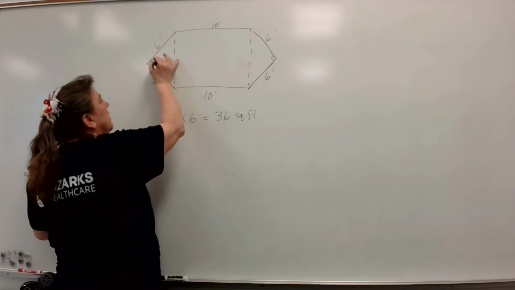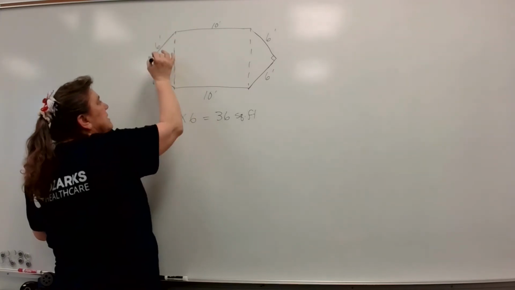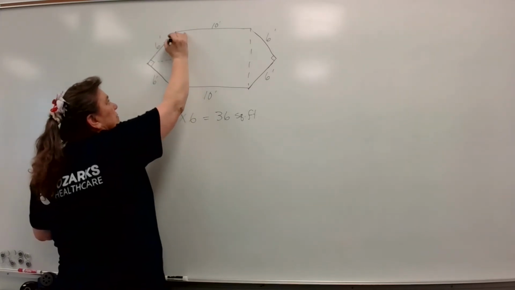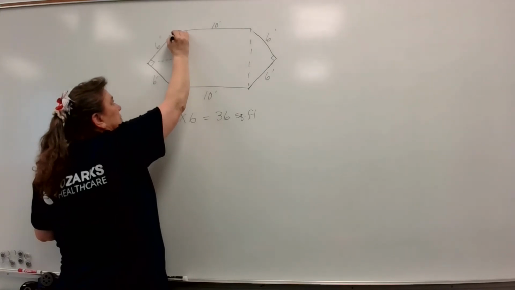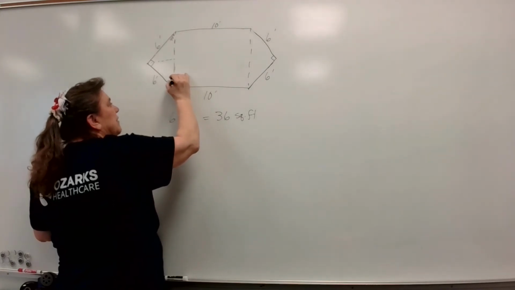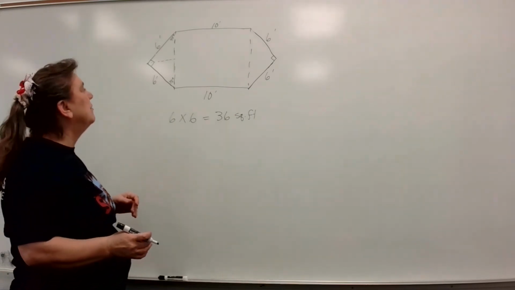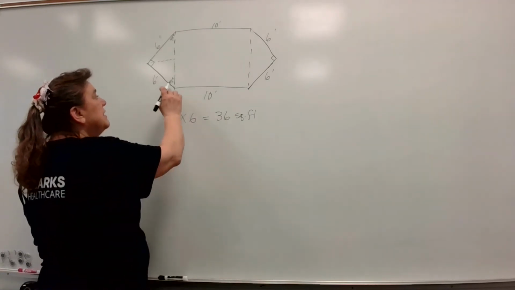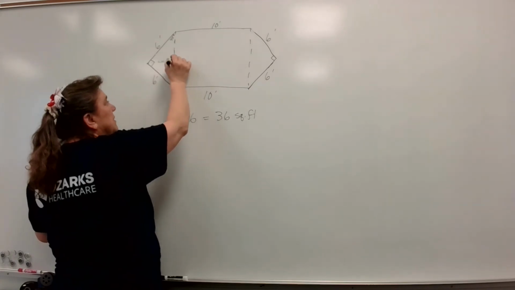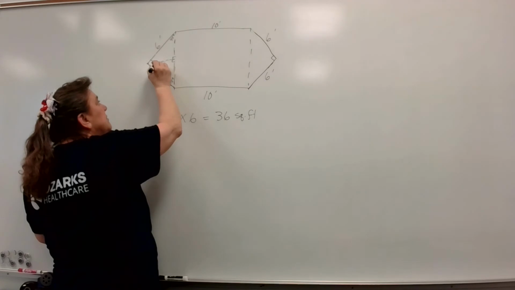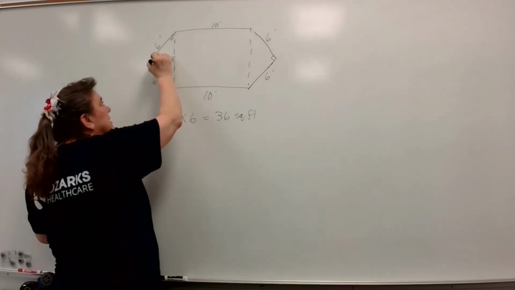Well, first of all, notice that this is an isosceles triangle. Therefore, this angle is 45 degrees, and this angle is 45 degrees. This one's the same. So we can work with one end only. And therefore, if this is 45 degrees, and I drop the diagonal here, this is a 90-degree angle. So therefore, this one is 45 degrees, and so is this one.